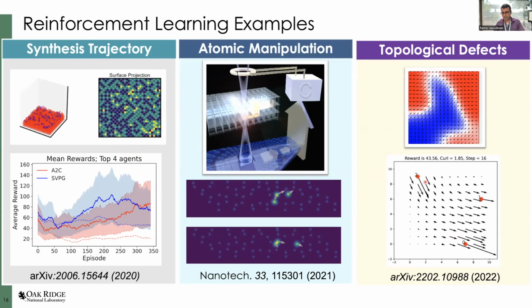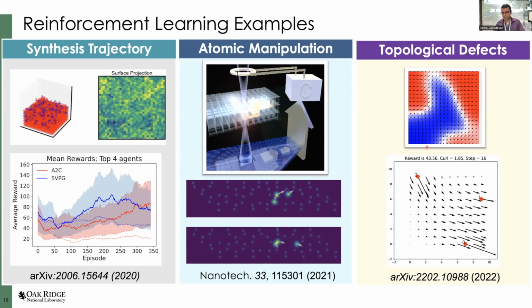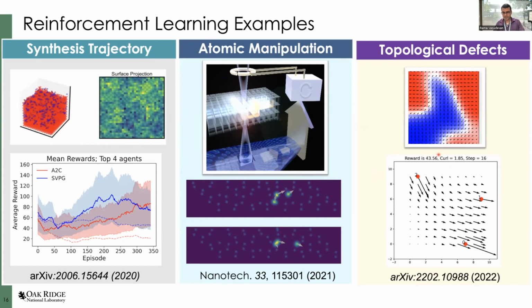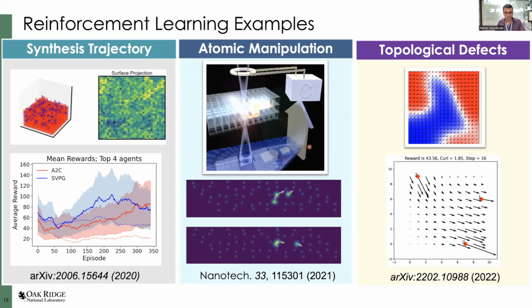And on the right-hand side, we have another example. This was actually published, by the way, in 2022 in the MLST journal, about moving defects in ferroelectrics. Okay, but these are all simulated. So I'll just briefly walk you through this before we move through to the experimental part.